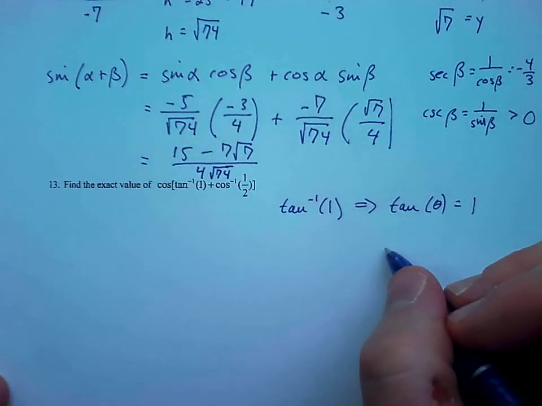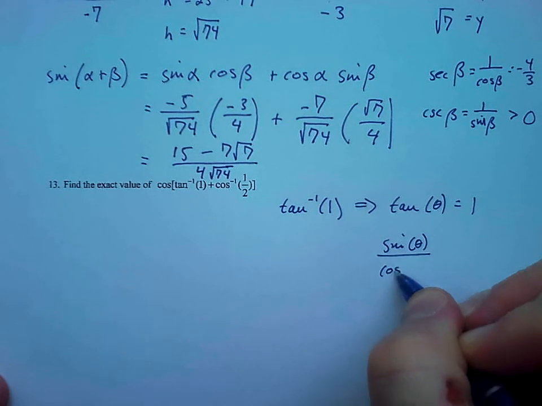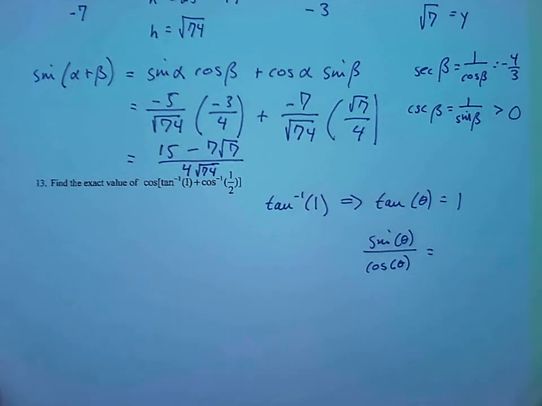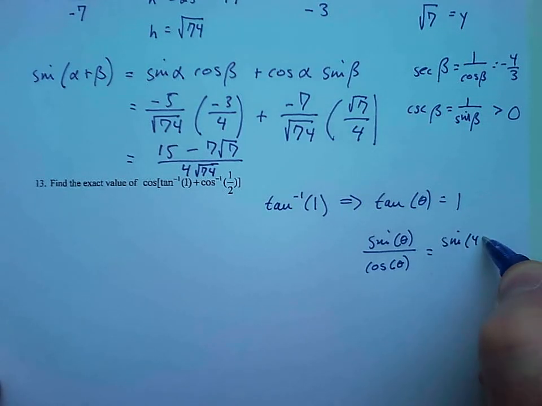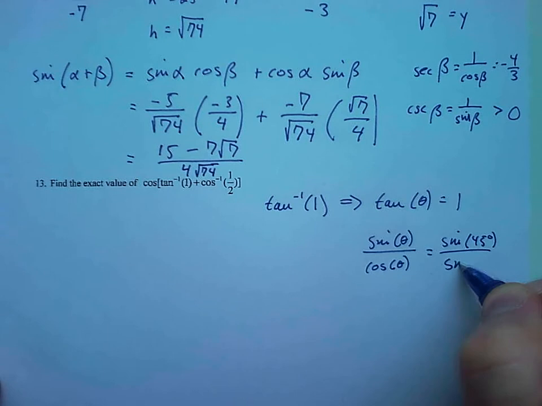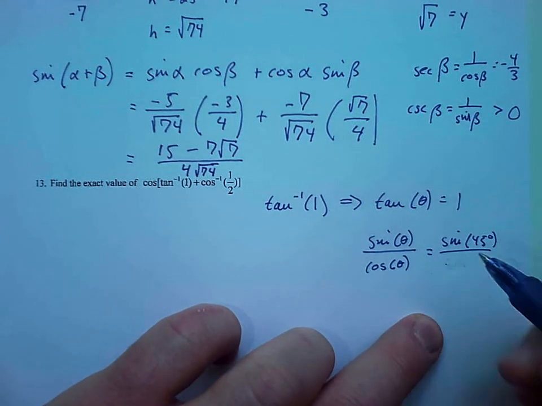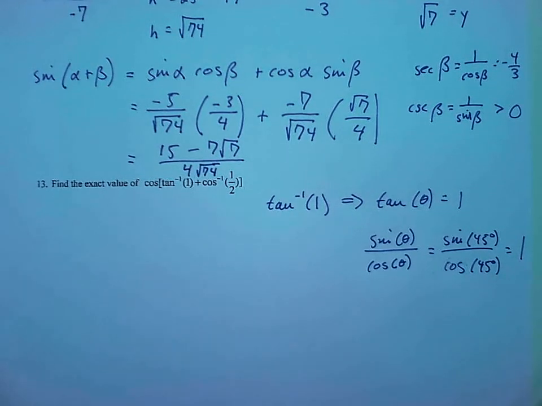We know that tangent is the same thing as the sine of theta over the cosine of theta. And if we want this to be equal to 1, then the angle that we're going to use for theta is going to be 45 degrees, since we know that the sine of 45 degrees over the cosine of 45 degrees is simply equal to 1.